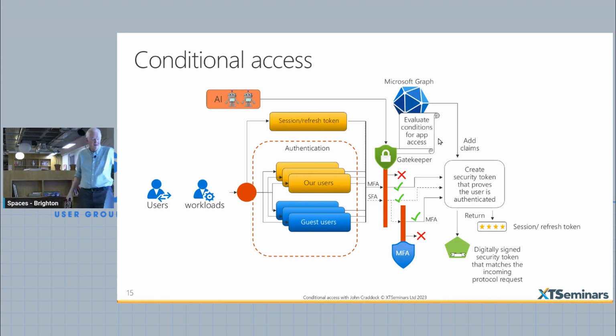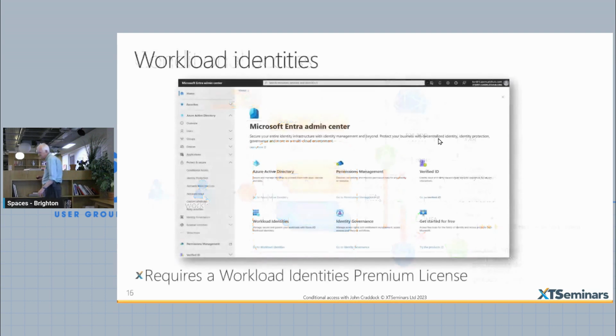We can do some remediation and require MFA. We could remediate by requiring a password reset as well. And then we issue the new token, which could be a newly refreshed token or the first token. So that's how it's happening.